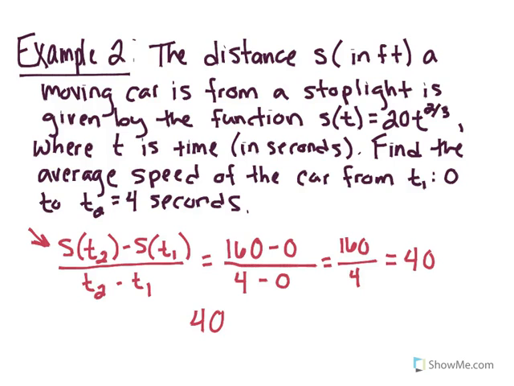It tells us that s is feet. So this is feet per what? My time happens to be seconds. So this is feet per second. So 40 feet per 1 second is about how fast I'm moving toward a stoplight for this particular function.